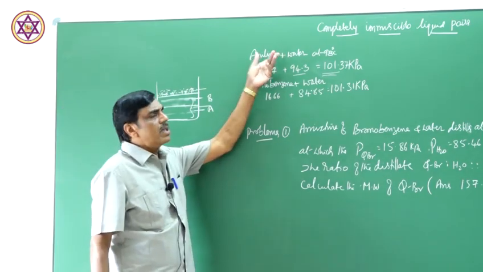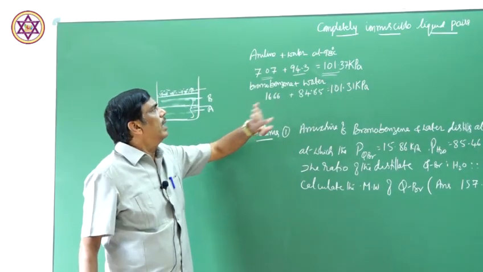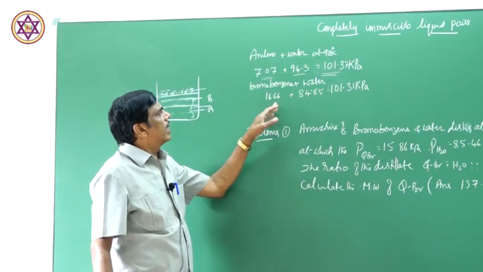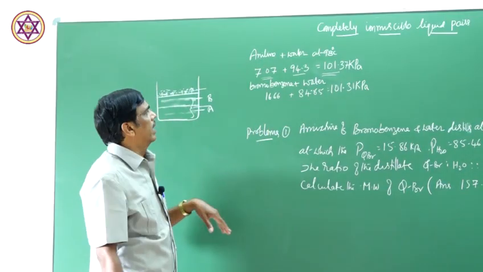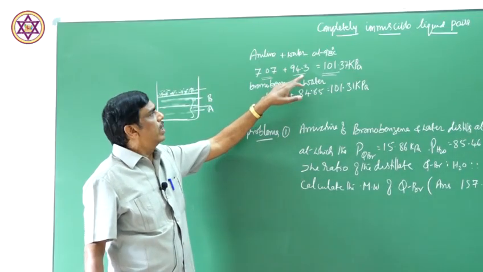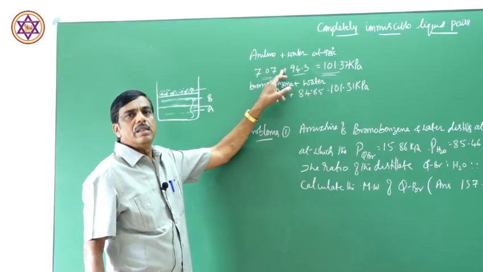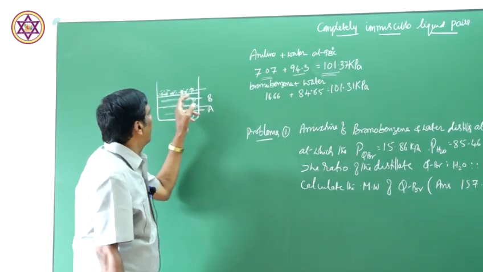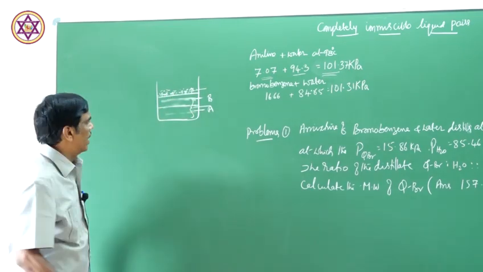Therefore, when you take the mixture of aniline and water, the mixture starts boiling at 101.3 kilopascals. Similarly, bromobenzene and water, the total sum is 101 when that is in the mixture state. But individually, the boiling point of water is at 101.3 kilopascals, whereas in the mixture, the boiling point is reduced because the vapor pressure of the mixture is equal to the atmospheric pressure.